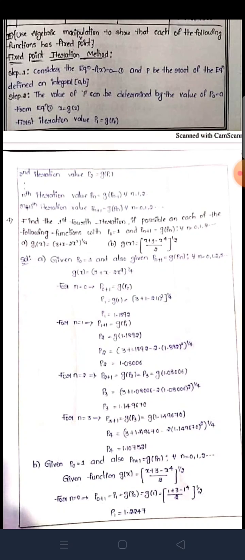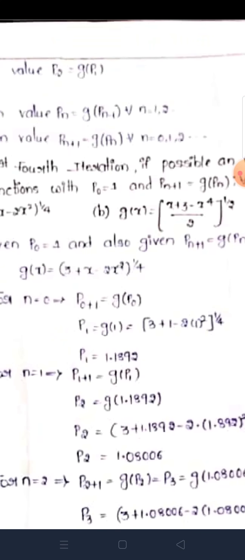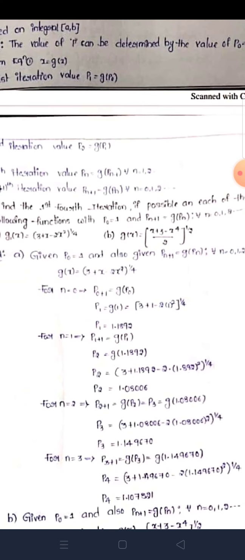For n is equal to 0 implies p0 plus 1 is equal to g of p naught. P1 is equal to g of 1 is equal to (3 plus 1 minus 2 into 1 square) power 1 by 4. Therefore P1 is equal to 1.1392.